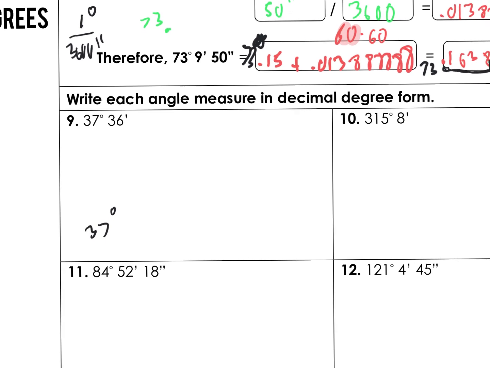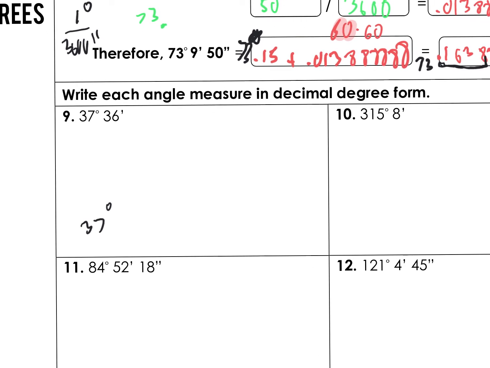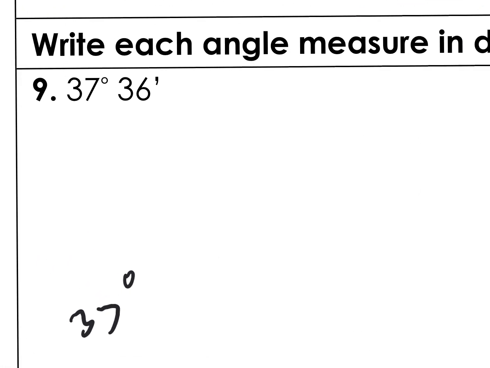We just did a bunch of those. I'm not doing that again. Oh, I didn't see it. It's 31 minutes. There's 0 seconds. I only have to worry about 36 divided by 60. That'll be the total number of minutes that I'll have. Okay, that's not a big deal.